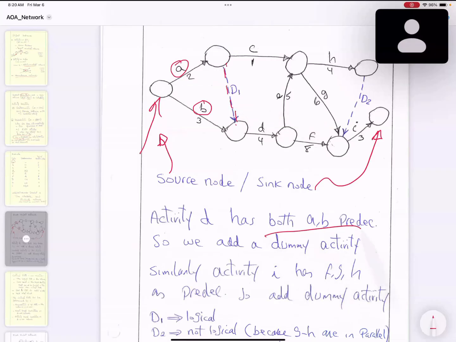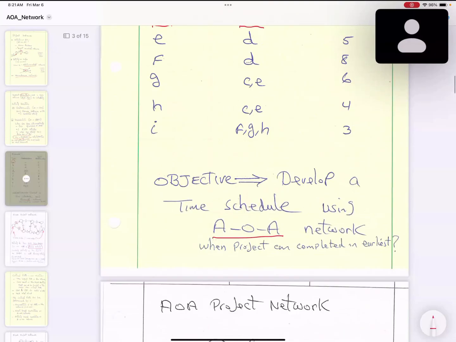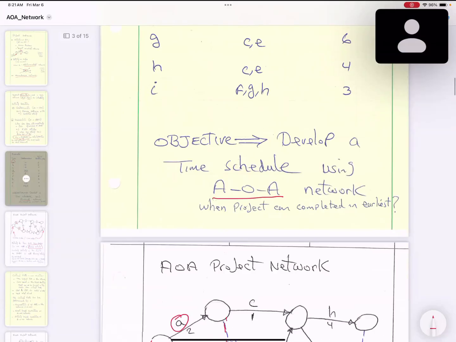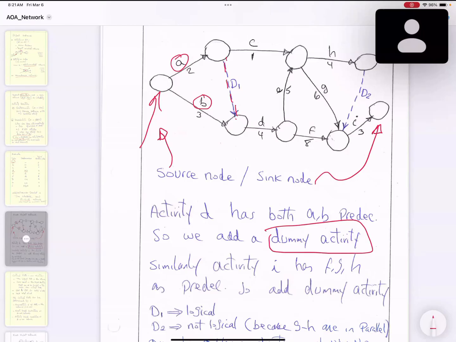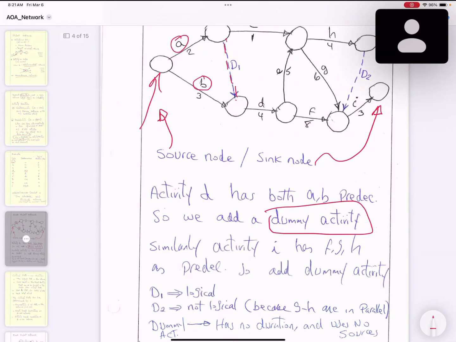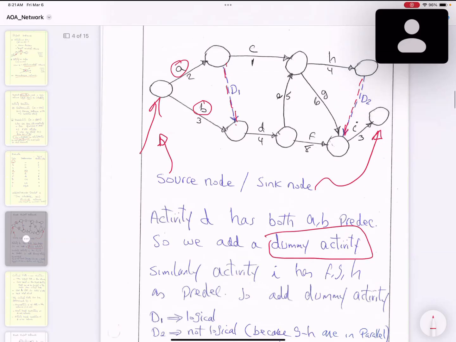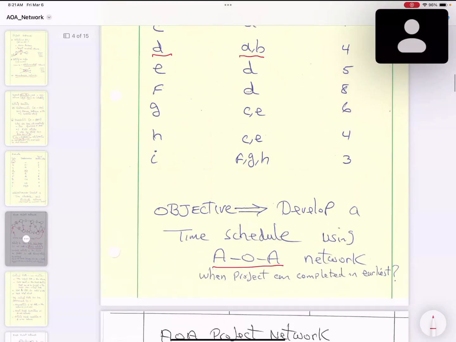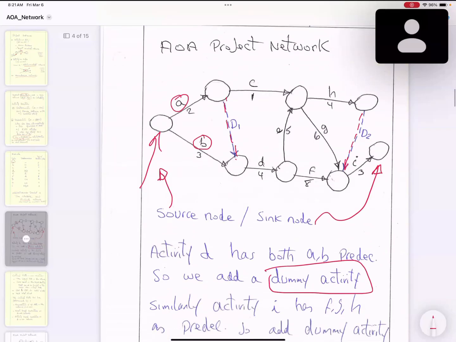This is called a dummy activity because activity D has A and B as predecessors, but since there is no connectivity between here and here, you add a dummy activity. Similarly, activity I has F, G, and H as predecessors. Since there is no connection, you add another dummy connection over here. So can you make your project network from your table? Yes. All right, it's straightforward. You basically transfer all this information to the network right here.